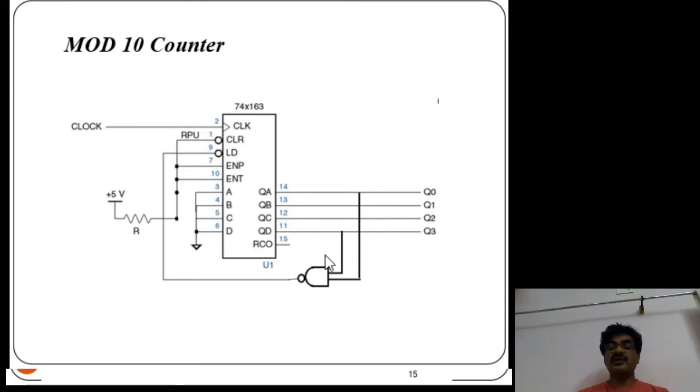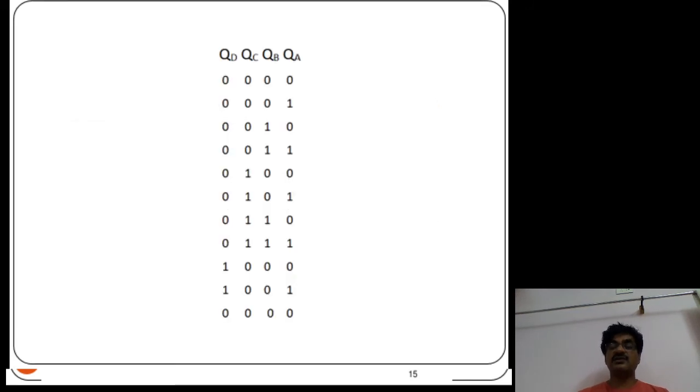When the output reaches the 9th state, because of the feedback through this NAND gate, the state goes to 0 again. So the different states are 0, 1, 2, 3, 4, 5, 6, 7, 8, 9, and after 9 it automatically goes to the 0 state.